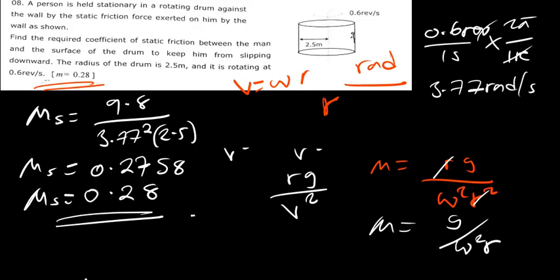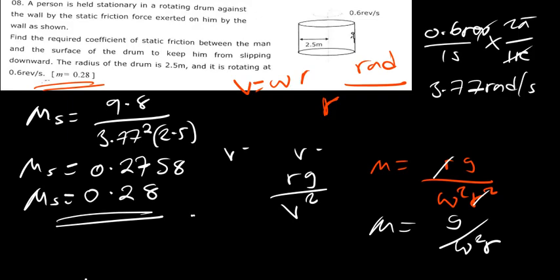Another question. Right now we are deriving a formula where mu was equal to rg over v squared. This is the one where we were equating fk to mg.